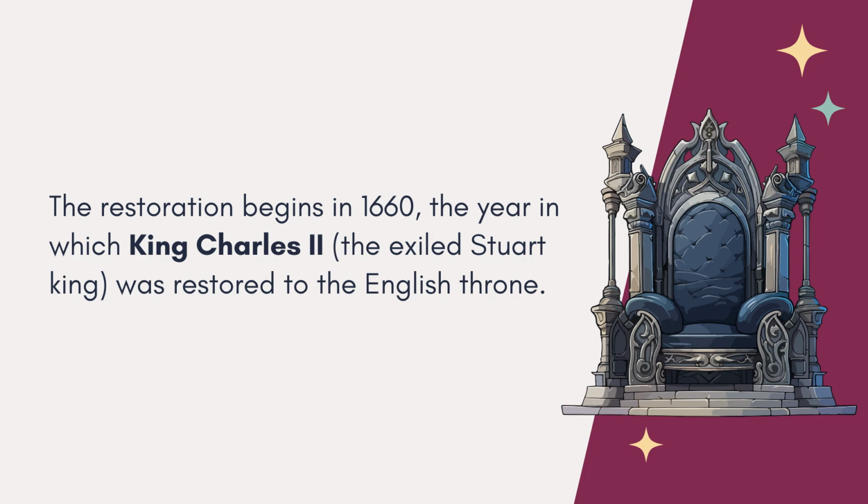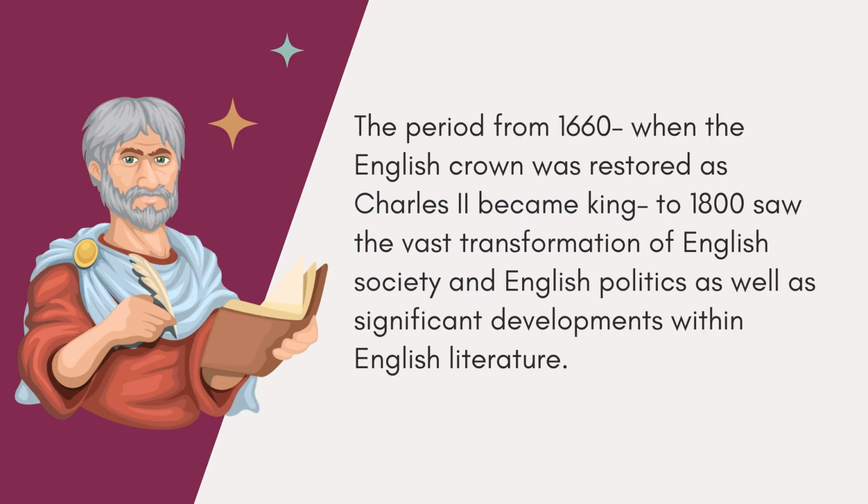He is the legitimate heir of the English throne, next to his father, King Charles I. The period from 1660, when the English crown was restored, to the 1800s saw the vast transformation of English society and English politics. Of course, with a new ruler on the throne, there is also a transformation of English society and English politics, as well as significant developments in English literature.